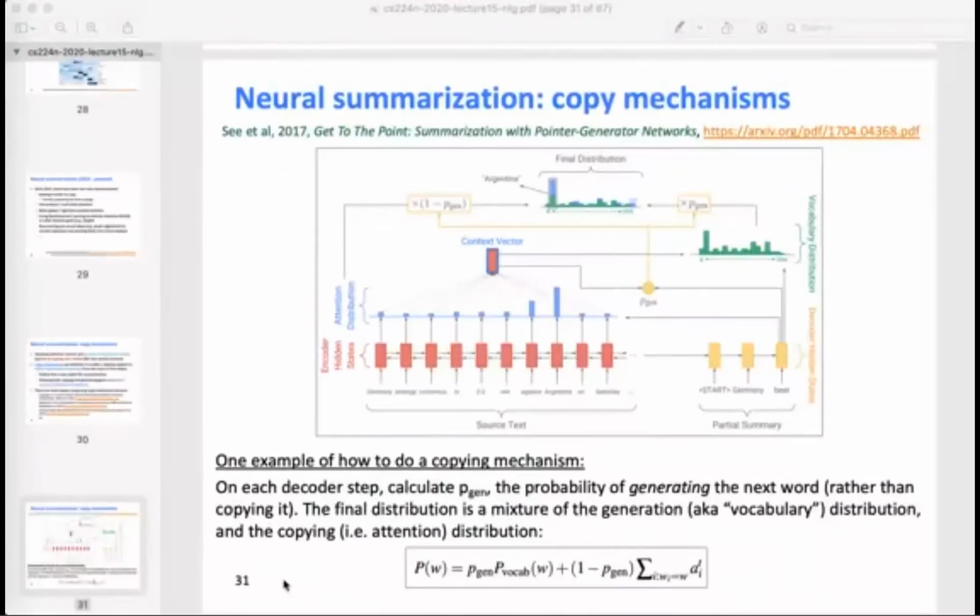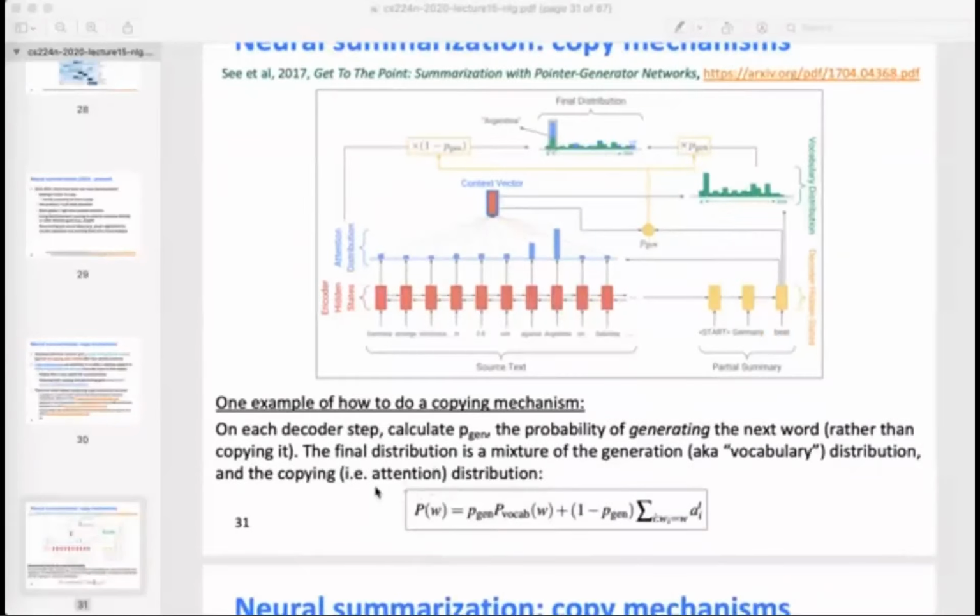And then they use this p-gen, which is a scalar, to combine the generation distribution with the copying distribution. So the output probability distribution is a combination of p-gen times the generation distribution, combined with the copying distribution, also considering the part that you're attending to, and thus getting this copy mechanism out.